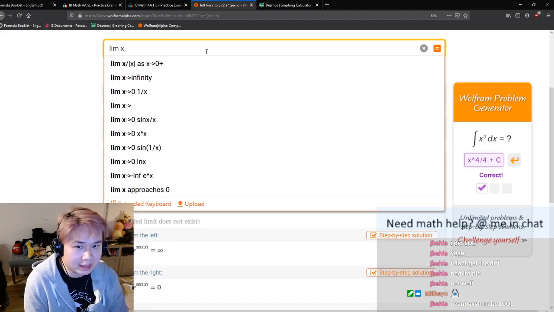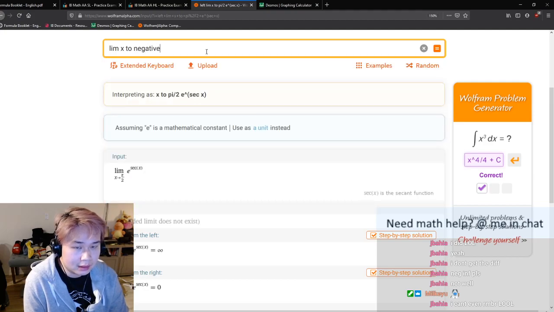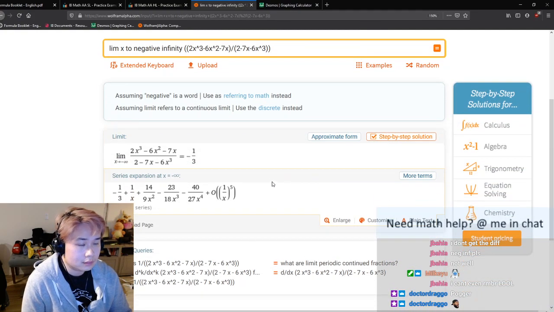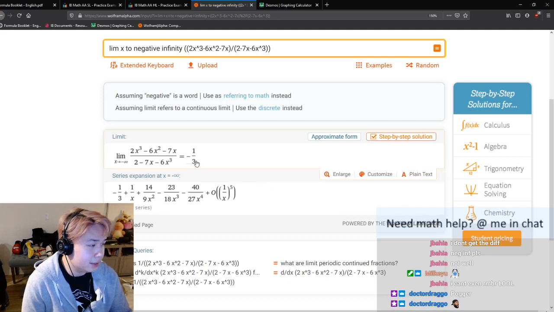So let's see, limit as x goes to negative infinity of 2x cubed minus 6x squared minus 7x divided by 2 minus 7x minus 6x to the power 3. And then you get negative 1/3.